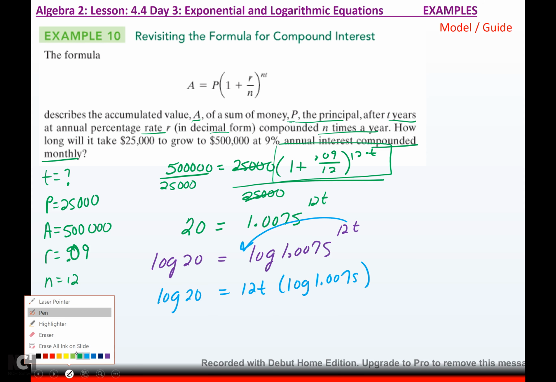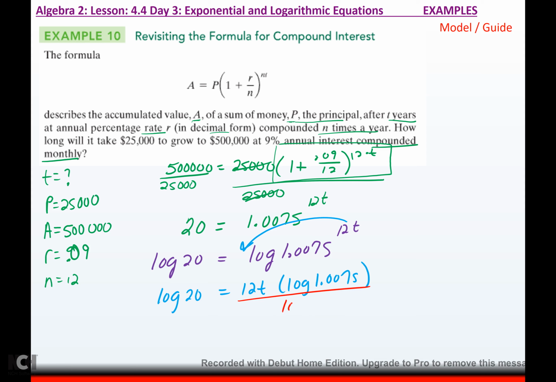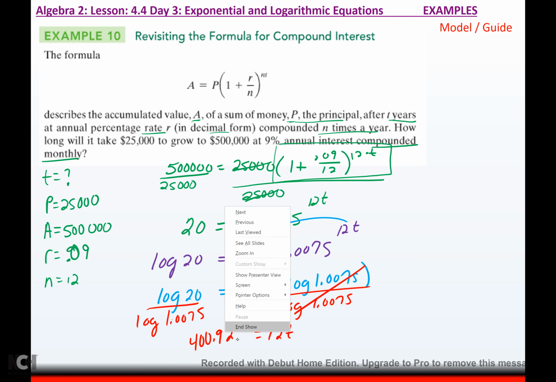So to get t alone now, I'm going to first divide by the log 1.0075. That cancels. That gives me 12t equals, and if I type that in, log 20 divided by log 1.0075, I get 400.92697, blah, blah, blah.